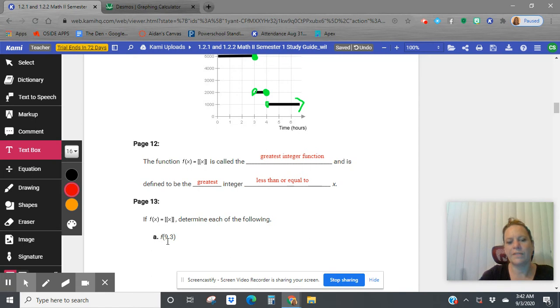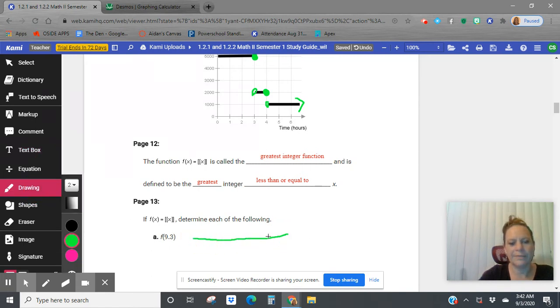If I have this number of 9.3, I want you to picture a number line, and you've got the integer of 9 and the integer of 10, and you've got this number in between of 9.3. Well, the definition of the greatest integer is that it's less than or equal to your number. So 9.3 is here, so my answer would be 9.